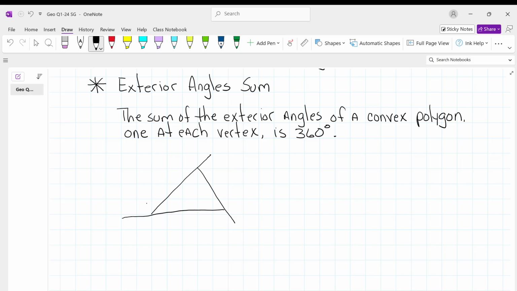If I number these angles 1, 2, and 3, angle 1 plus angle 2 plus angle 3 is equal to 180. I'm sorry, 360 degrees. Angle 1 plus angle 2 plus angle 3. The sum of the exterior angles of a polygon is 360.